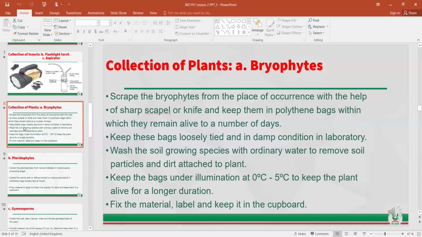Then wash the soil-growing species with ordinary water to remove soil particles and dirt attached to the plants. Then keep the bags under illumination at 0 to 5 degrees centigrade to keep the plants alive for a longer duration. Then we freeze the material, label, and keep it in the cupboard.